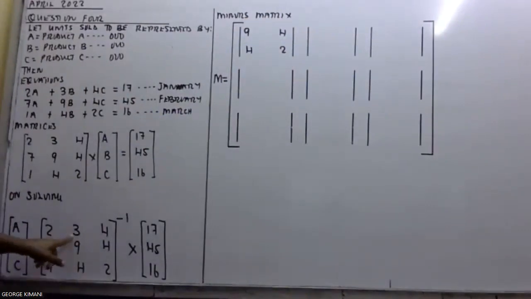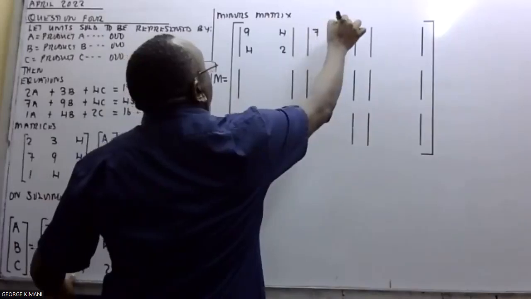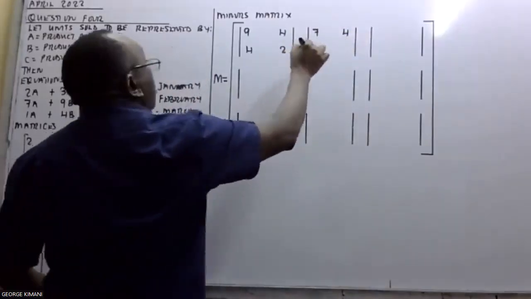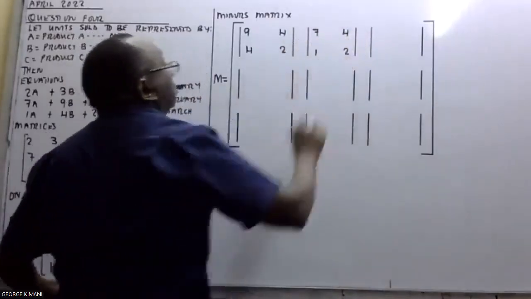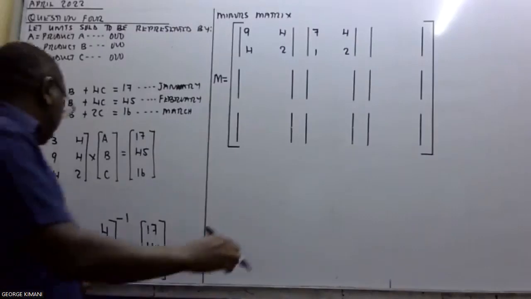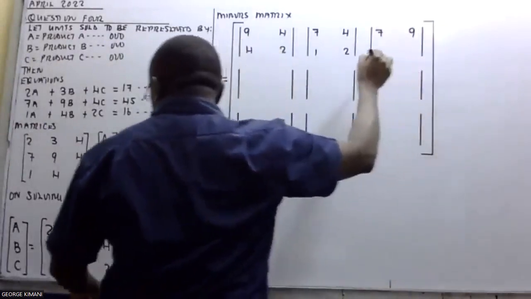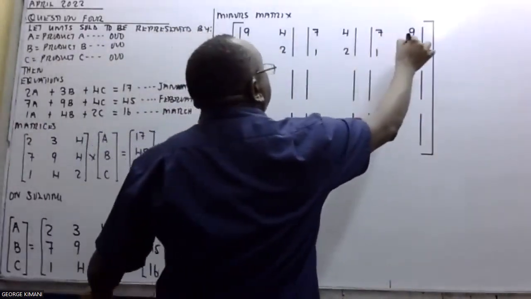When I come here, I broke the first row and the second column. I'm left with 7412. When I come here, I broke the first row, third column. I'm left with 7914.